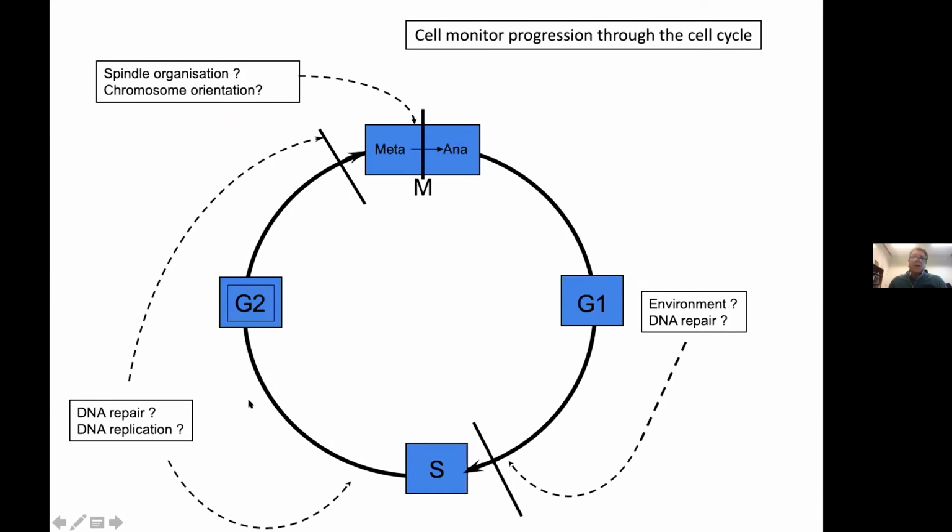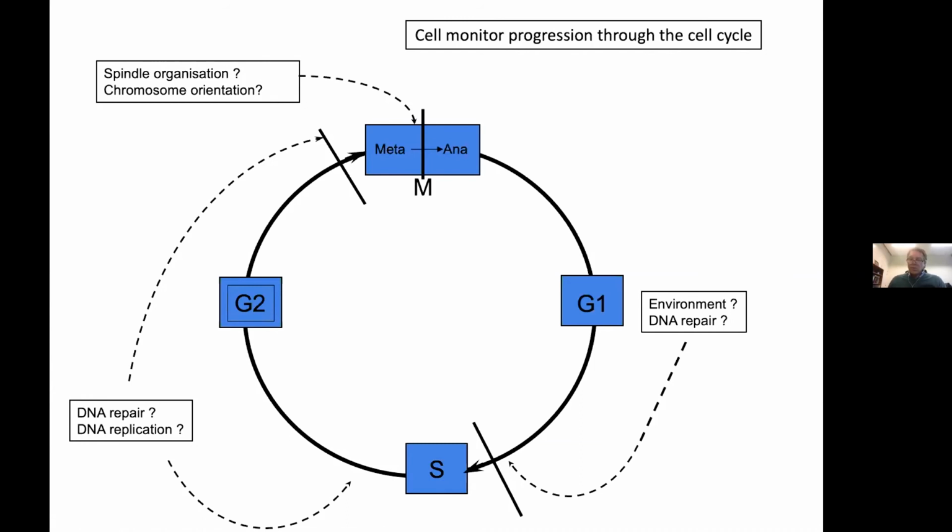In the second part of the cell cycle, the cell will monitor the DNA, whether it has the correct structure and has replicated properly. And finally, the cell will monitor the organization of the spindle, the structure composed of microtubules, and the chromosome orientation. Only when the chromosomes are properly oriented will the two sister chromatids separate and the two different cells be formed.